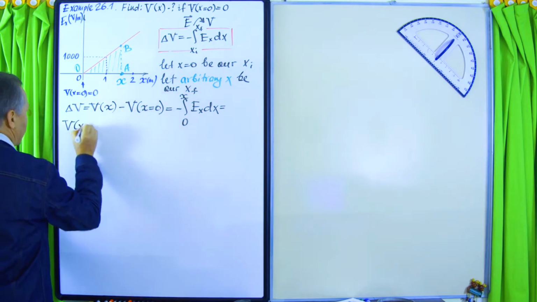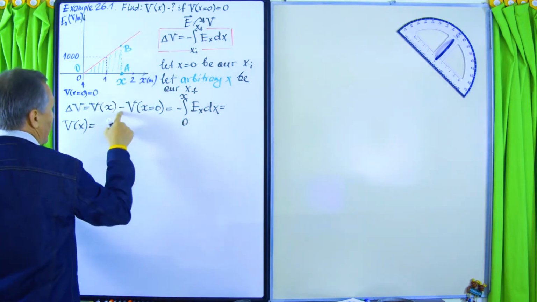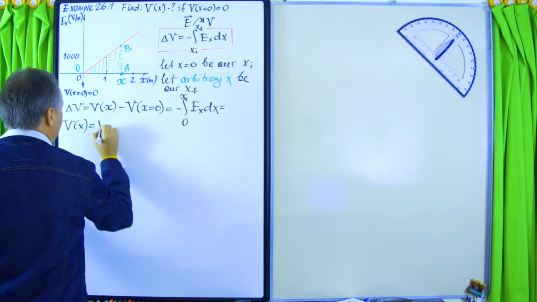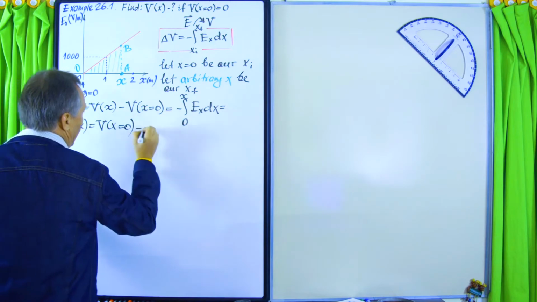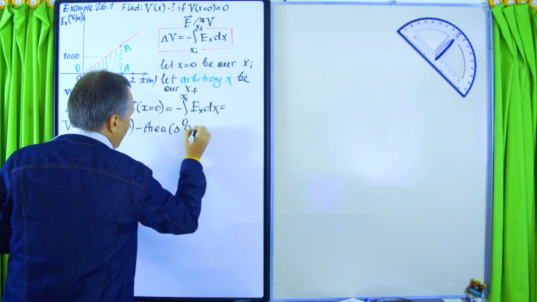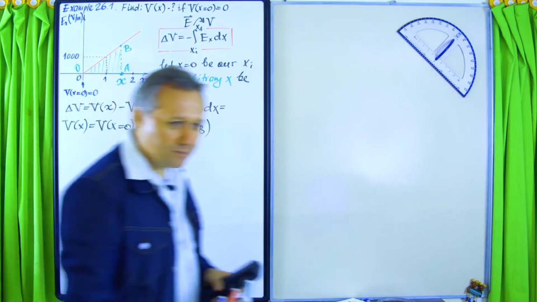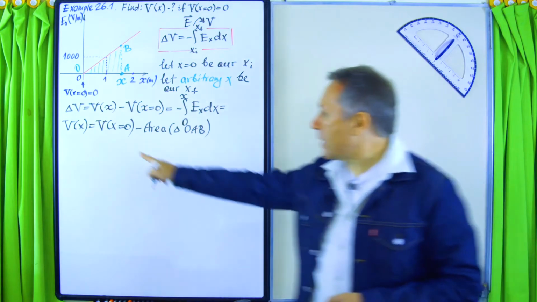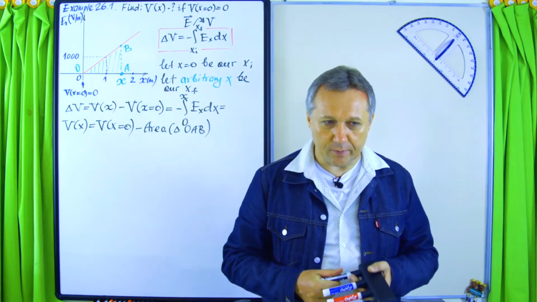V at x, that's what we want to find, equals, this goes to that side with plus, so it will be v at x equals 0, and this minus the area of triangle OAB. Okay, it's better. And only now I will dump this because it's 0, but in general it doesn't have to be 0 all the time.